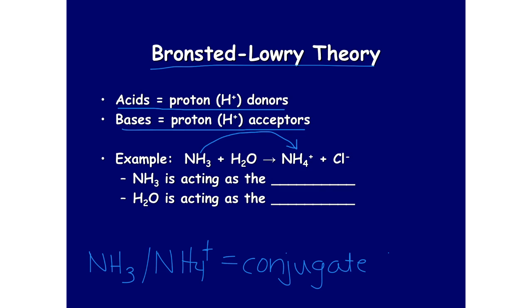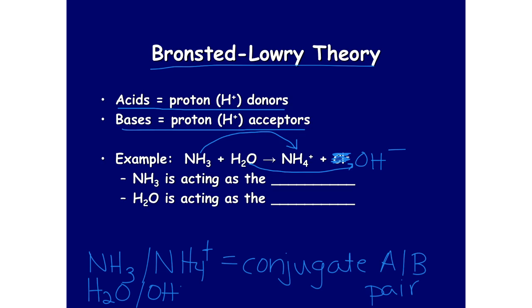So they are the conjugate acid-base pair. The other conjugate acid-base pair in this reaction would be water, and that's not supposed to be chloride, that's supposed to be the hydroxide ion. So water and the hydroxide ion, they only differ by an H plus. So that would also be a conjugate acid-base pair.